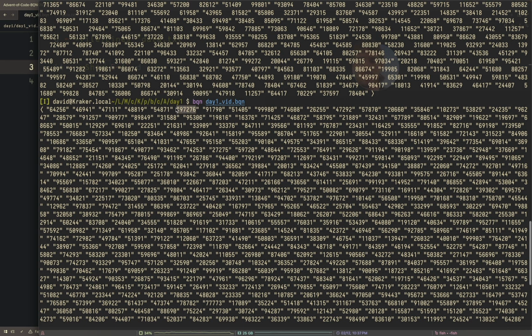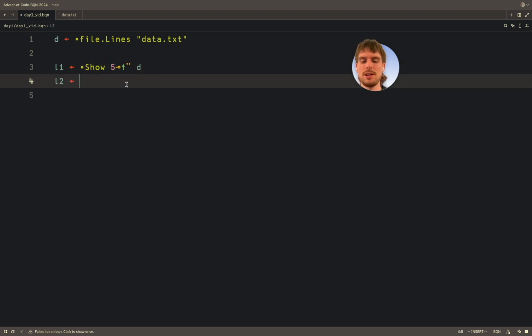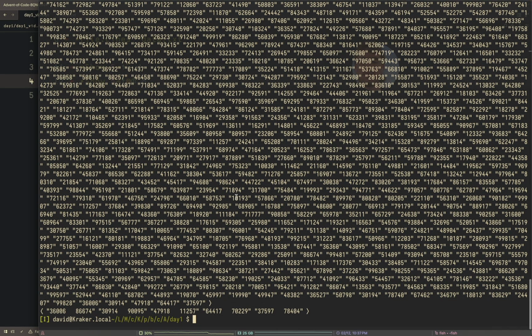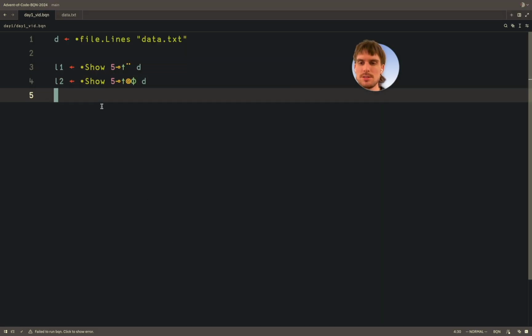So these are all now the strings, the first 5. We can get the last ones by doing a 5 pick again, but then under a rotate. So we rotate the list, then we pick 5 and we rotate it back, which should give us the other lists. This last thing is interesting.